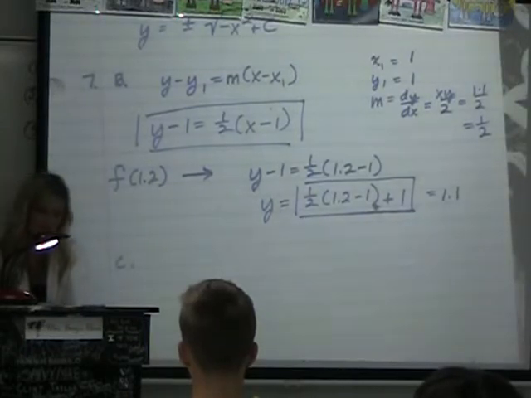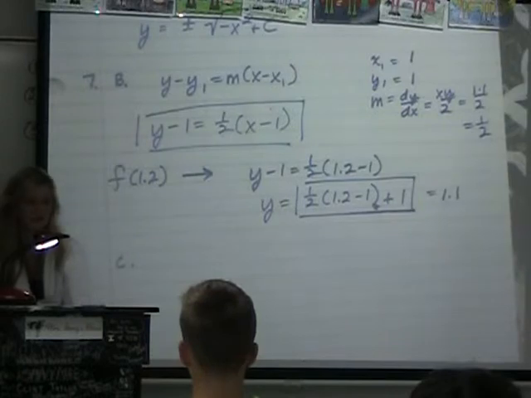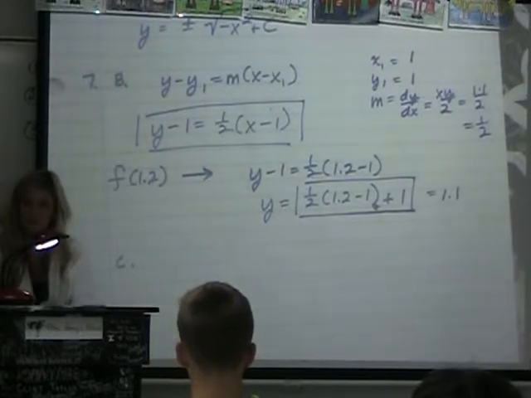All right, part C says find the particular solution y equals f of x to the differential equation with the initial condition f of 1 equals 1, and then use your solution to find f of 1.2. What does that tell me to do? Particular solution. What does that mean?